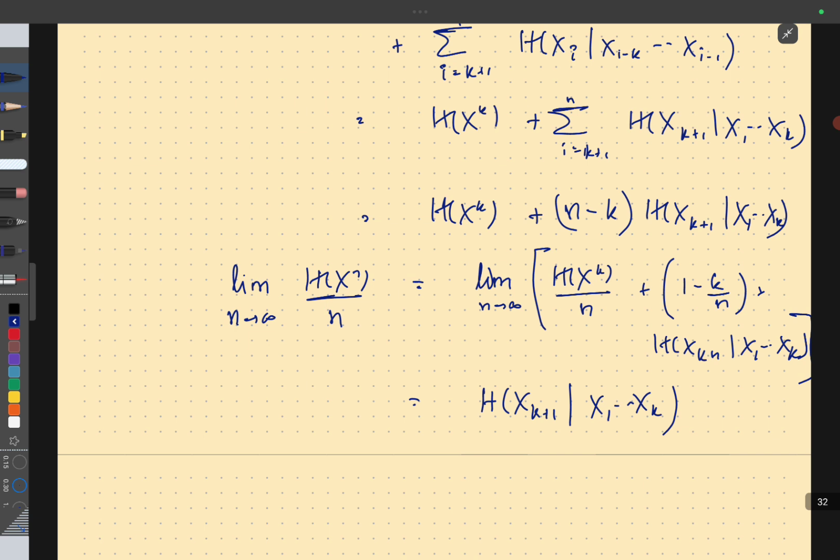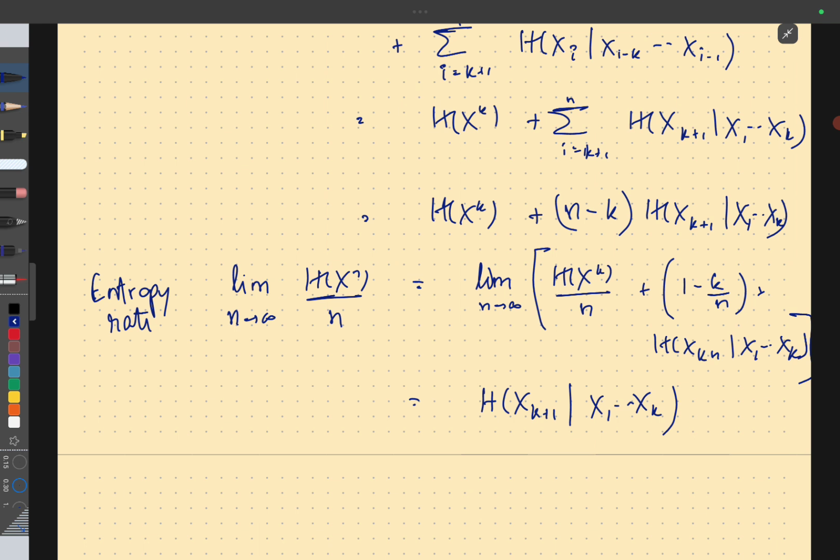So this quantity, the limit as n tends to infinity of H of x^n by n, is called the entropy rate. And for a kth order Markov chain, the entropy rate just turns out to be H of x_{k+1} given x1 through xk.